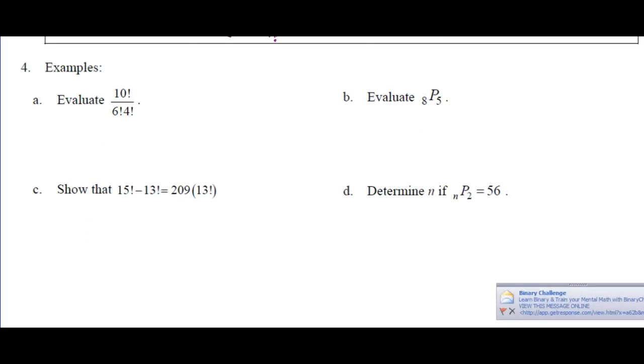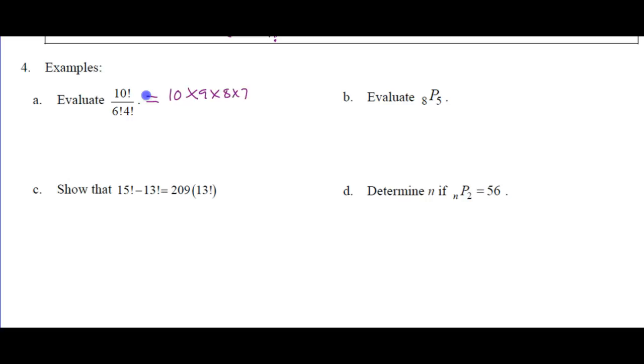Evaluate 10 factorial over 6 factorial, 4 factorial. Okay, so we'd say, well, 10 times 9 times 8 times 7 times, when am I going to stop this thing? 6. Do I keep going? No, because I have a 6 factorial on the bottom. Now, there's also a 4 factorial there, right? It's okay. 6 factorials cross off.